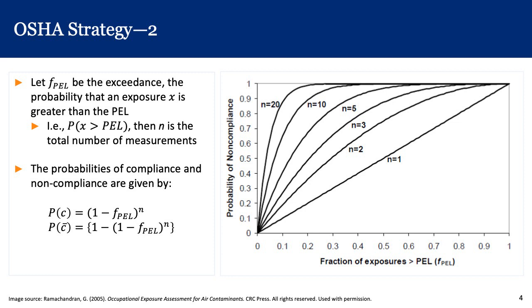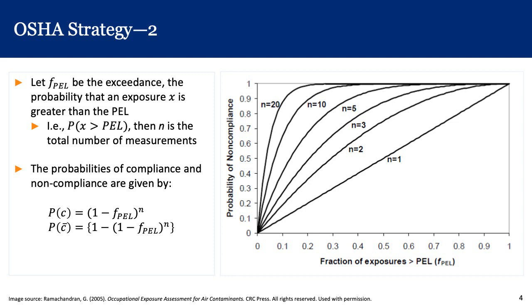If you have one measurement, then the probability of compliance is 1 minus F PEL. And if you have two measurements, since both need to be in compliance, the probability of compliance is 1 minus F PEL times 1 minus F PEL, or 1 minus F PEL squared. And for three measurements, it'll be 1 minus F cubed, and so on, because each one of these individual measurements needs to be in compliance.